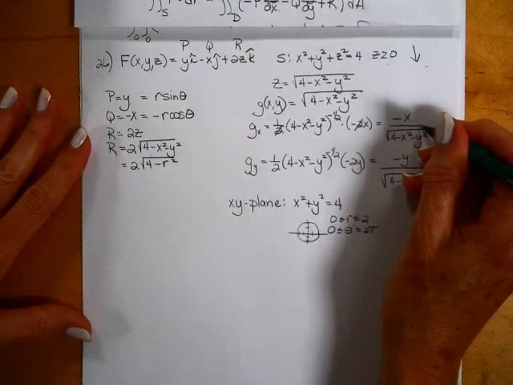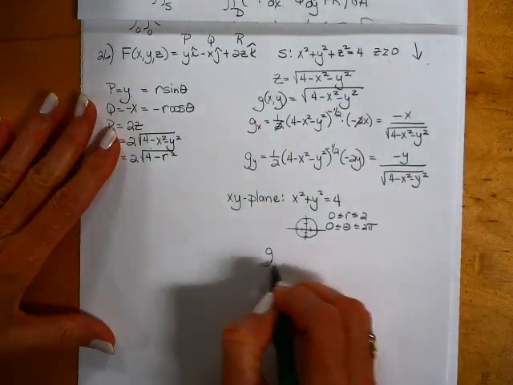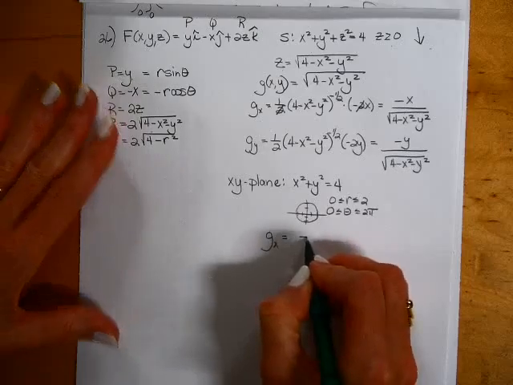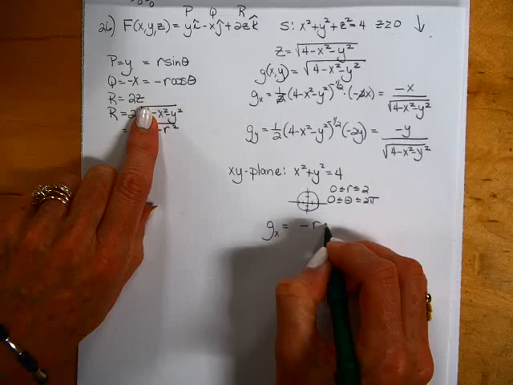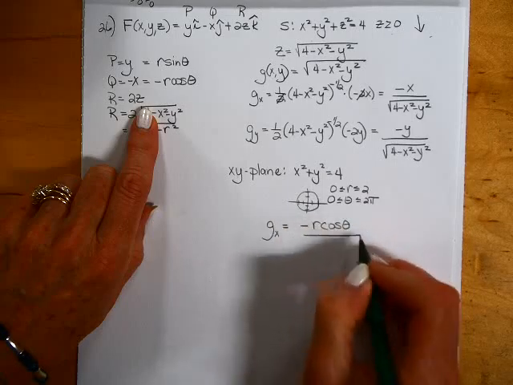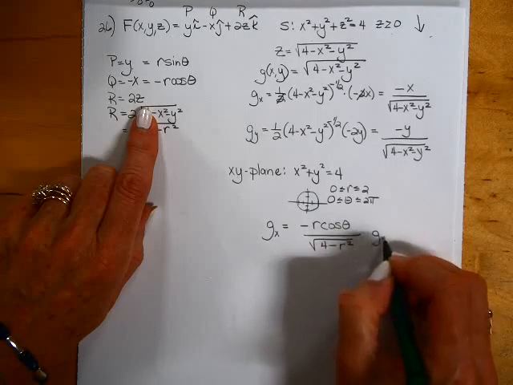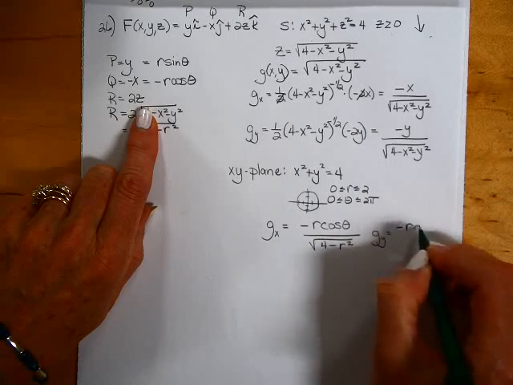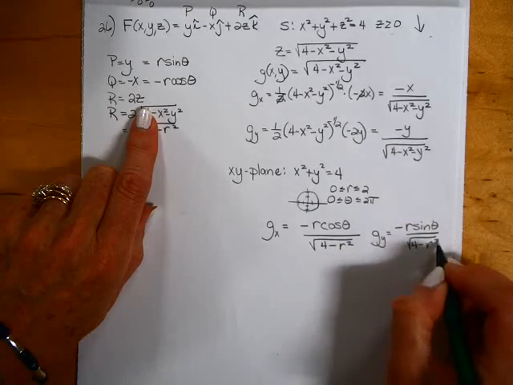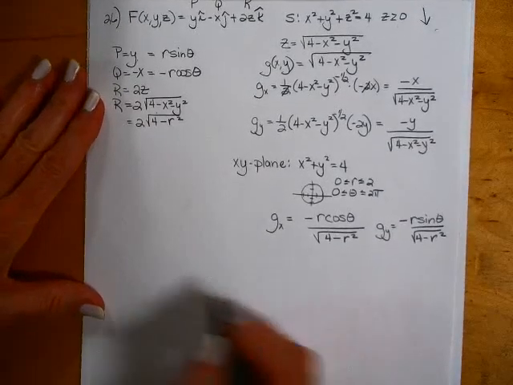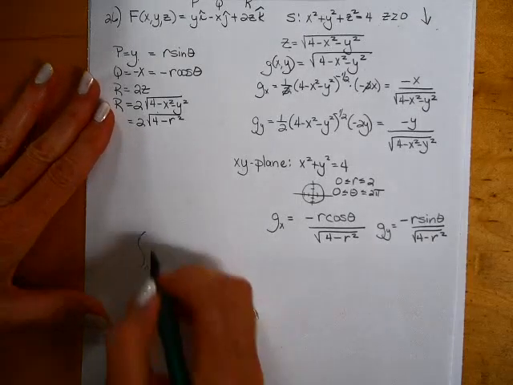And over here, your partials, when you change them, partial with respect to x is going to be negative r cosine theta over the square root of 4 minus r squared. Partial with respect to y is negative r sine theta over the square root of 4 minus r squared. I think it's going to all simplify a lot, so at least I hope it does.